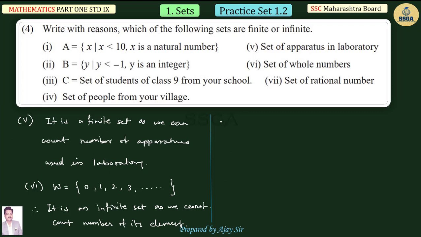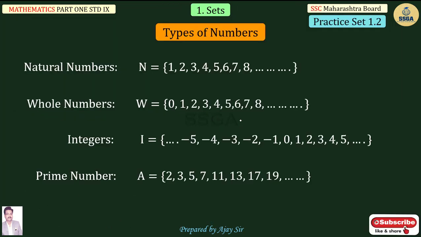Now seventh one, the set of rational numbers. The natural numbers, whole numbers and integers are all included in the set of rational numbers. So we cannot count the number of elements in rational numbers. Therefore the set of rational numbers is also an infinite set, as all these sets are infinite.